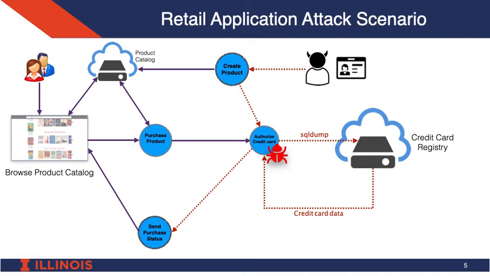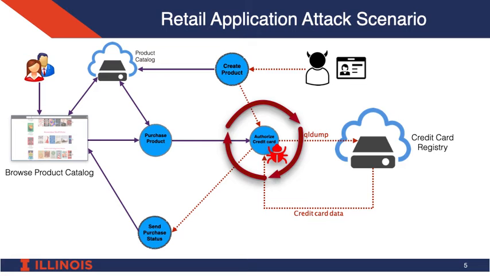We might wonder how the attacker can pull off this time-consuming operation within the short-lived authorize credit card function. Recall that the reusing of cached containers in the serverless cloud keeps the container alive long enough for the attacker to get their prize if requests keep coming in frequently enough.